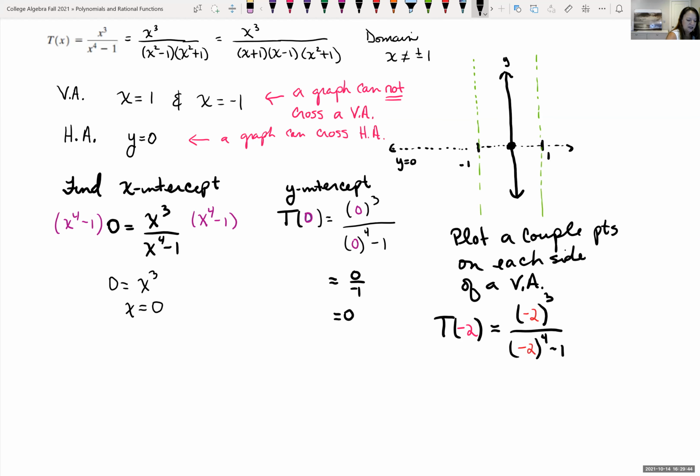Well, -2 times -2 times -2, -2 cubed is -8. -2 to the 4th power is 16, minus 1. So -8 over 15 is close to -1/2, but I know that this is less than 0.